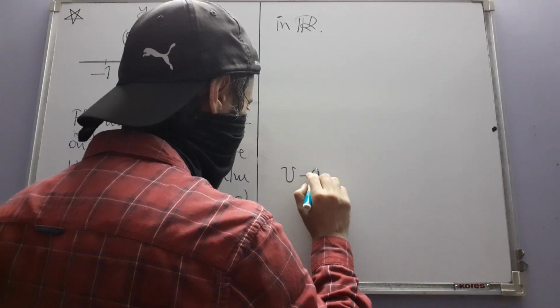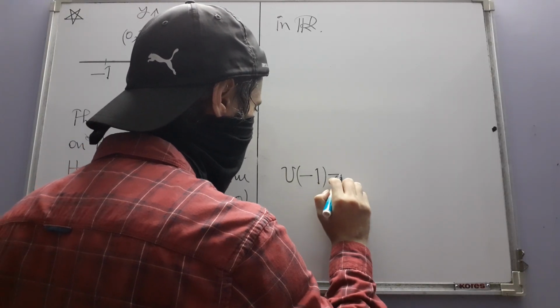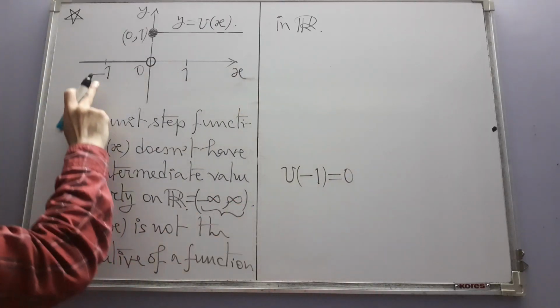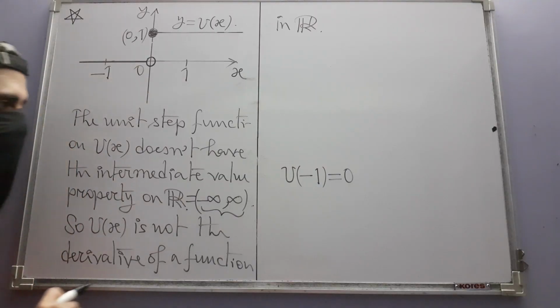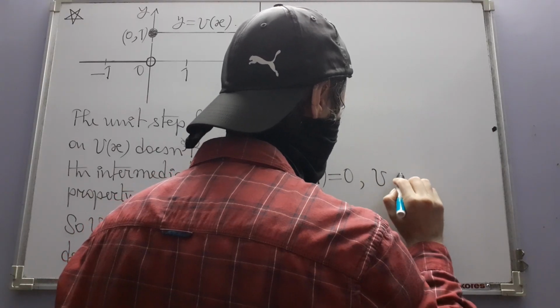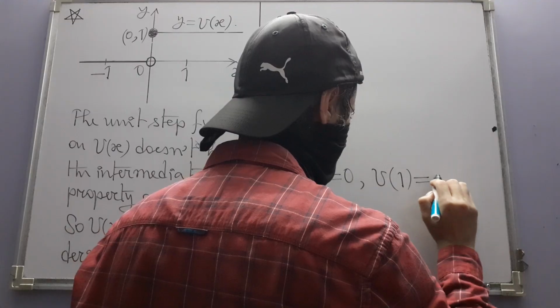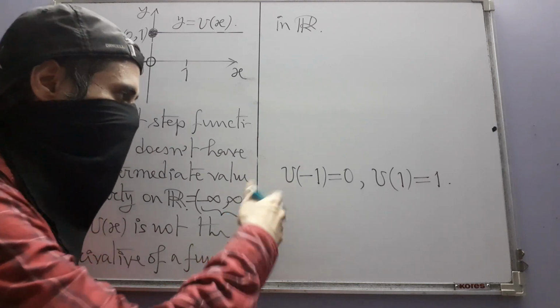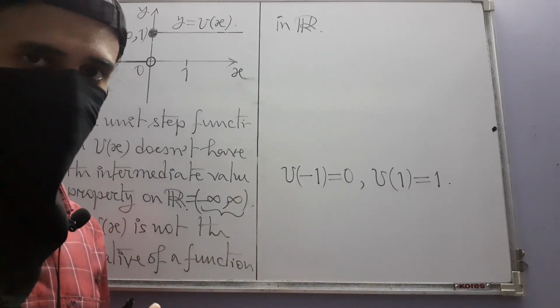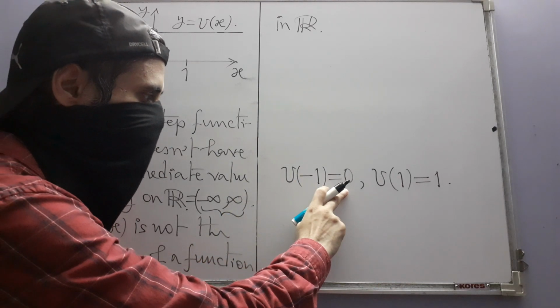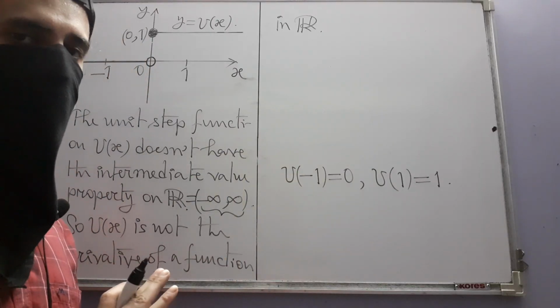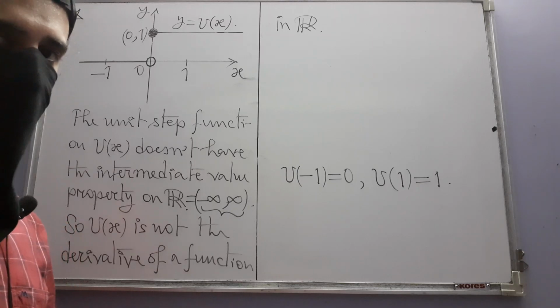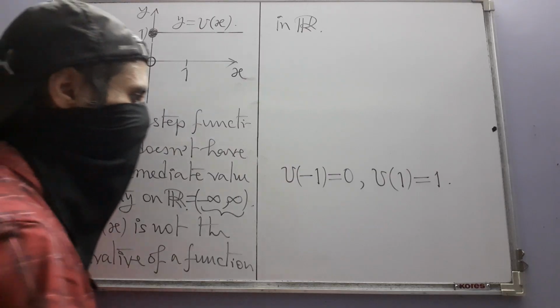What is u of -1? u of -1 is 0. u of 1, however, is 1. Now, if u really satisfied the intermediate value property, all the values between 0 and 1 should have been taken by u. However, that's not the case at all.